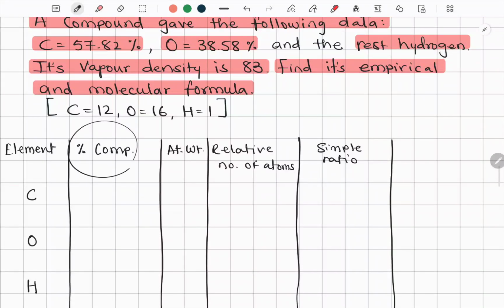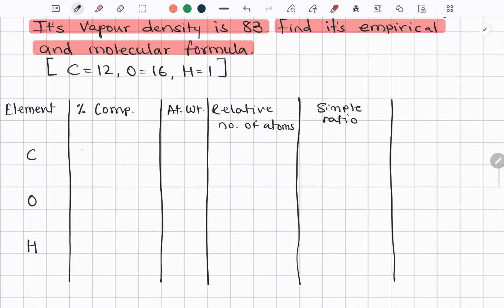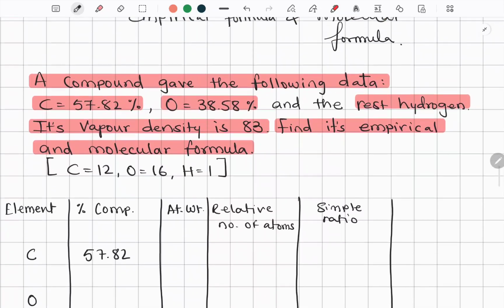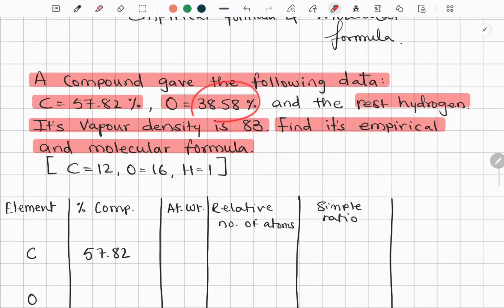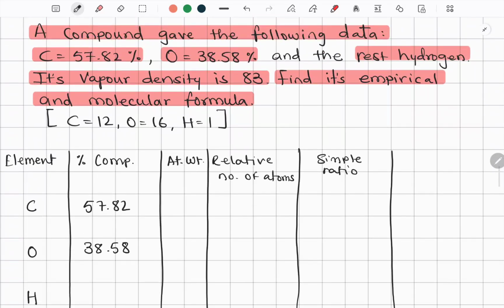What is the percentage composition of carbon? It is given as 57.82, so we write down 57.82. What is the percentage composition of oxygen? It's given as 38.58, so we write down 38.58. And what about hydrogen?